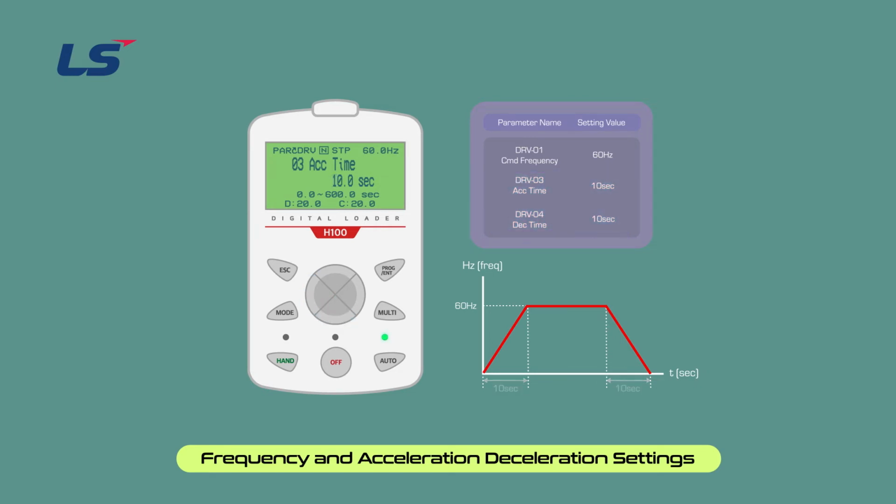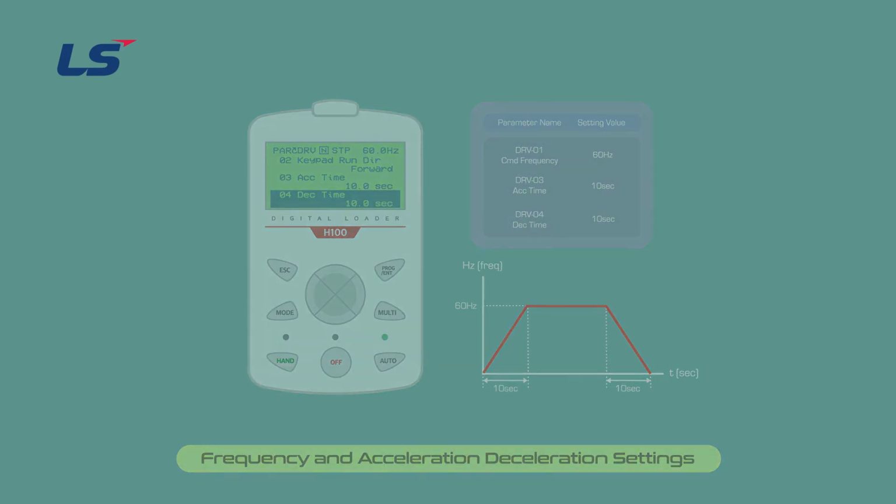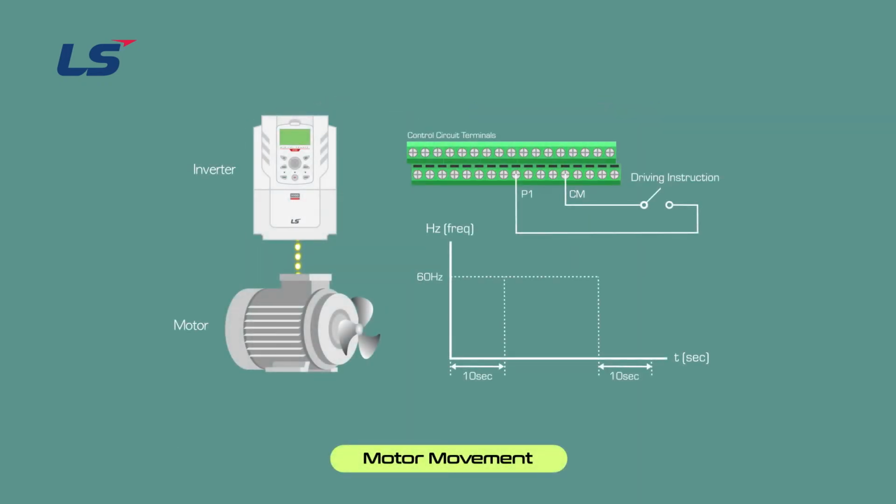For now, let's set it to 10 seconds of acceleration and 10 seconds of deceleration. Then the time the motor reaches a maximum frequency of 60 Hz will be 10 seconds. So far, the basic parameter setting has been completed, and now we will run the motor.